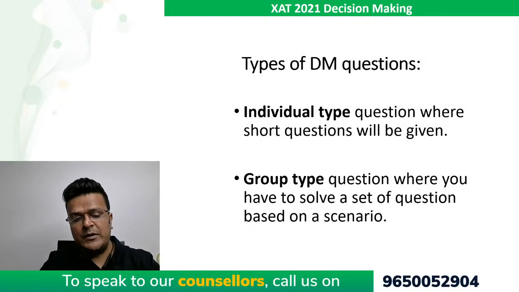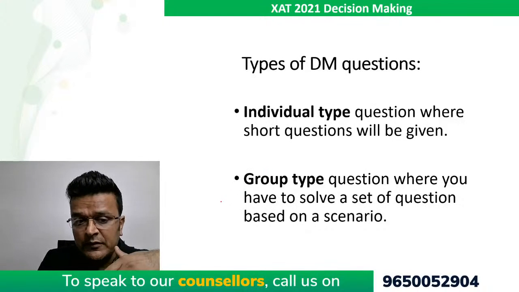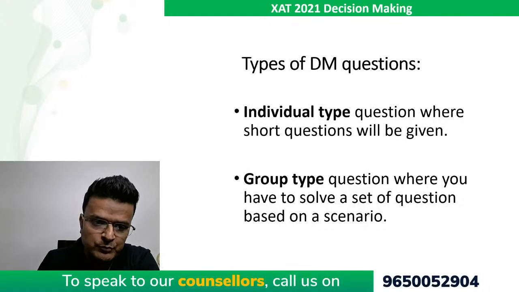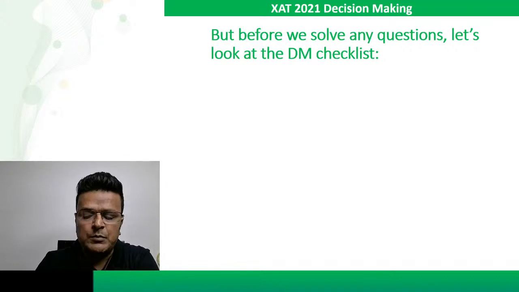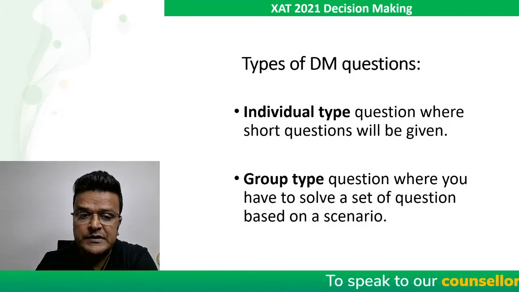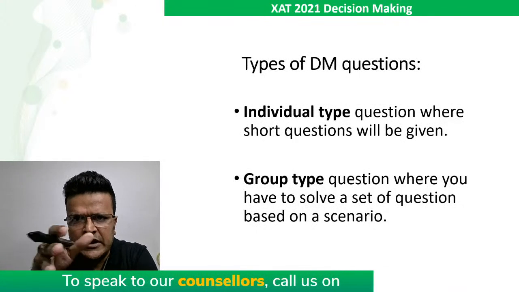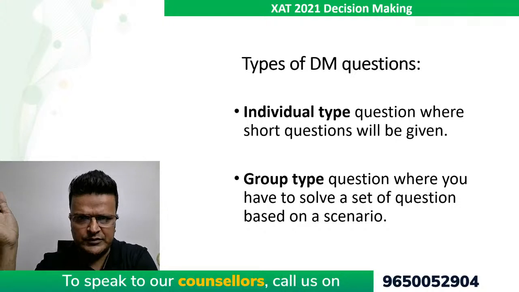In the second type, a set of information is given, but the number of questions is higher. So you might have a set of information, but you may get 3, 4, 5 questions on the same piece of information, which means that you have to read it only once and you would be able to answer more number of questions, right?